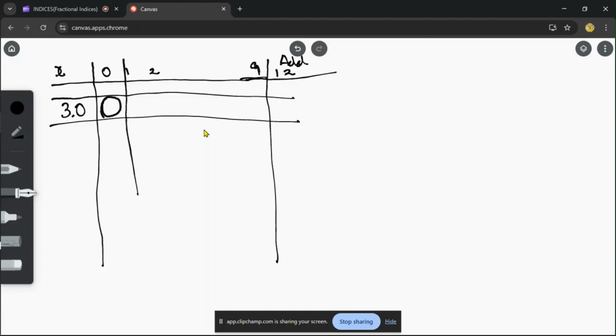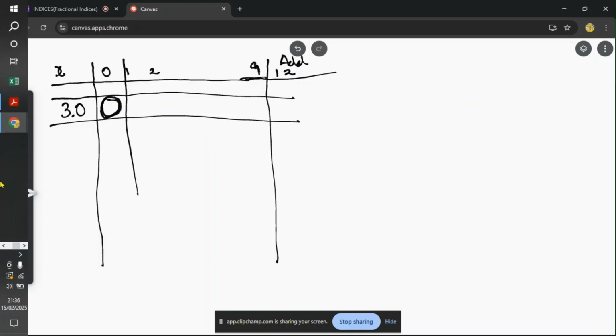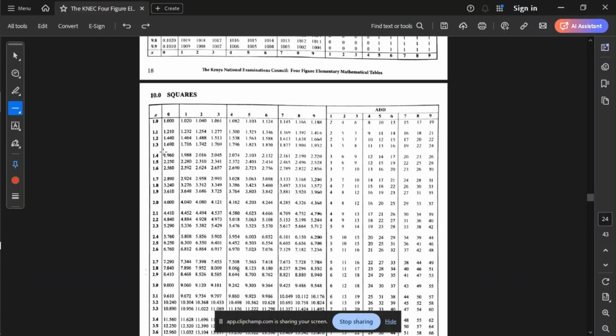I hope you have the table around you. I want to read the value that is here. So I'll go to my table and look at where 3 is. This is 1.0 all the way. This is 2.9.